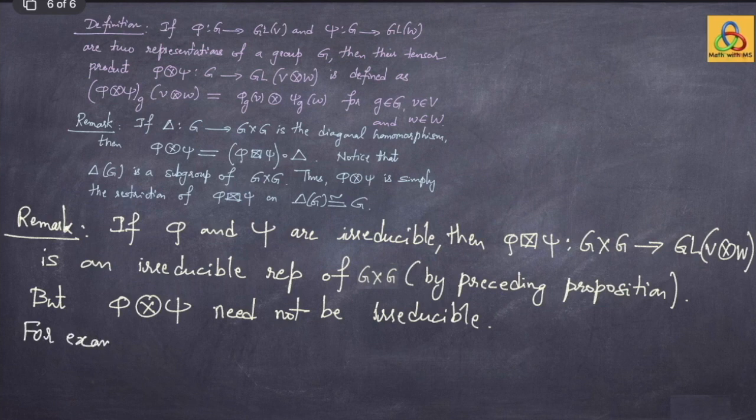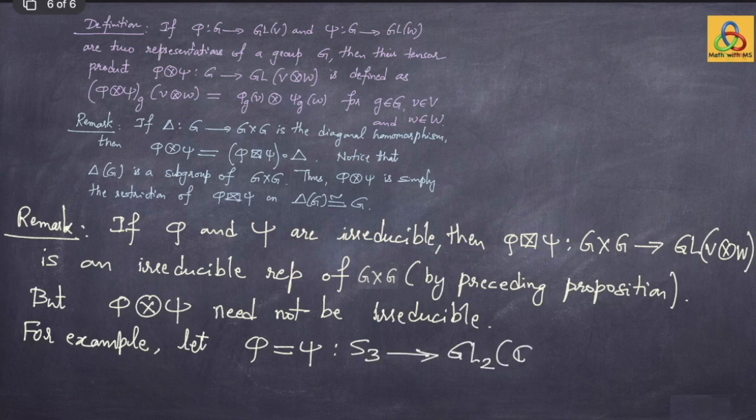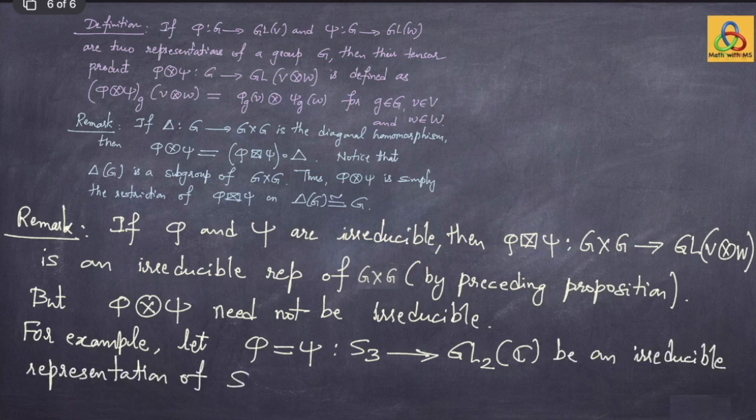So let us see an example. Let us take phi and psi to be the same, and it's a representation of the symmetric group S3 into GL2(C). We know that the symmetric group S3 admits a degree 2 irreducible representation. Take phi and psi to be such a representation.